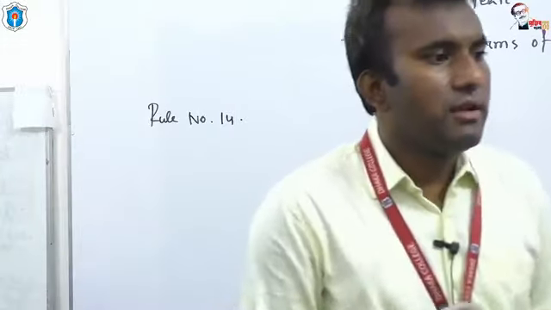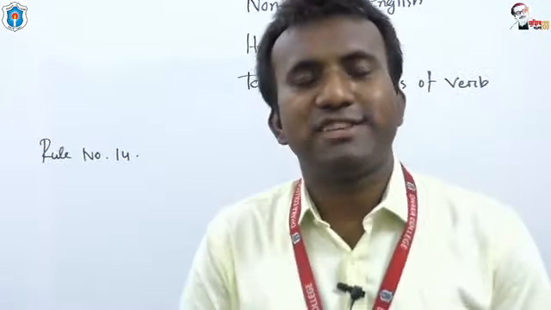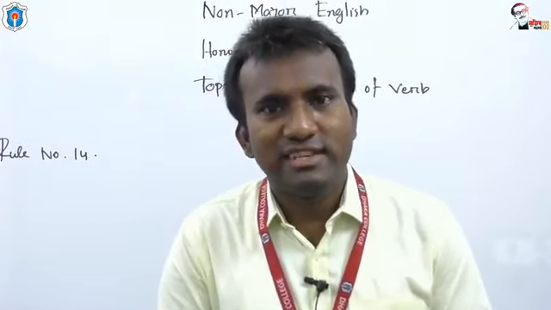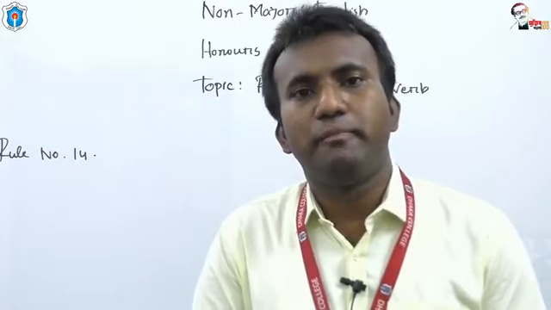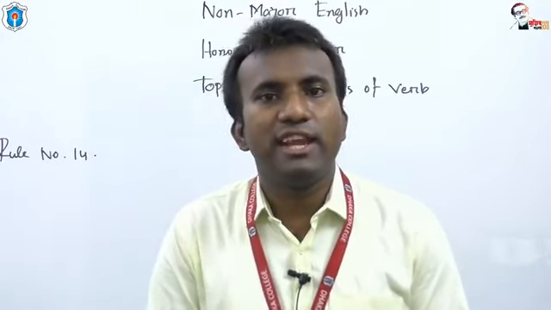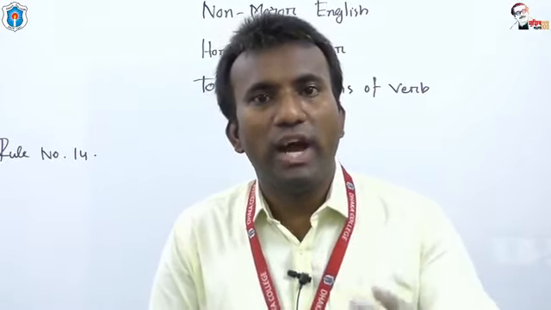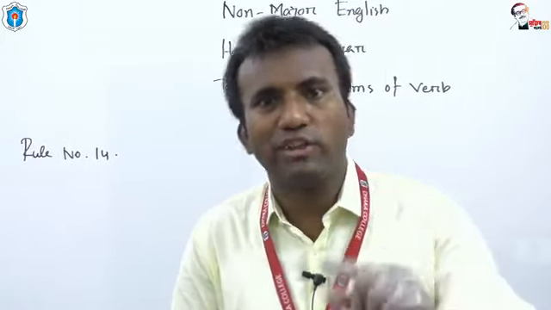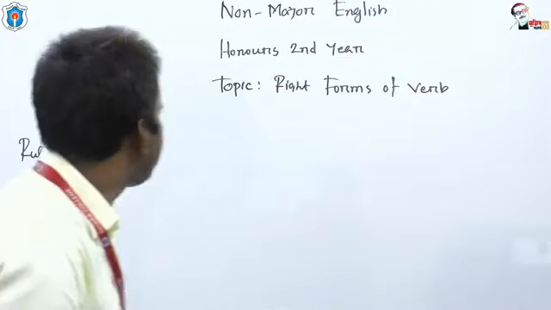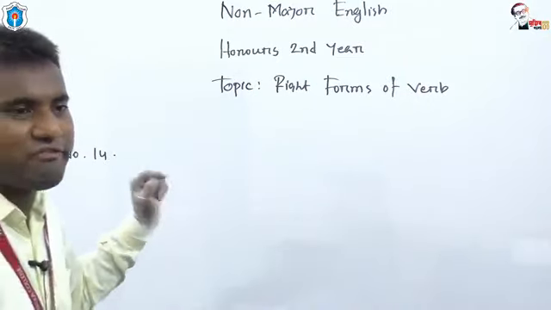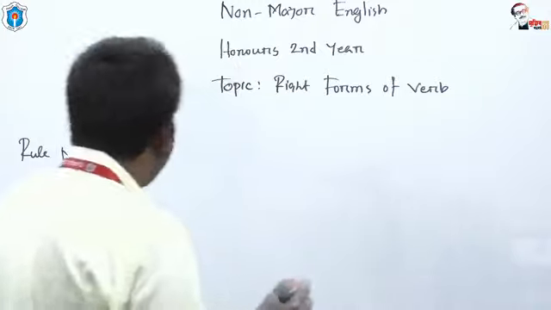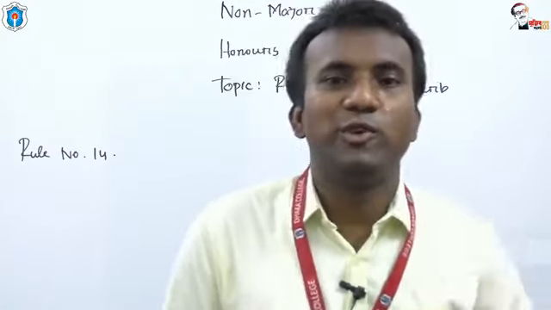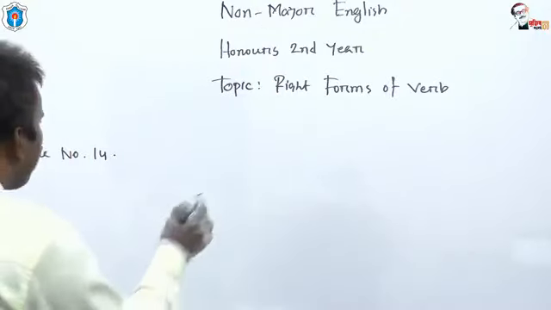At first I'd like to give you some examples, and after giving examples, I will tell you why the answer is this one or that one. Okay. Look at rule number 14 of right forms of verb. At first, I am going to give you some examples. Then I will tell you the rule and regulation.